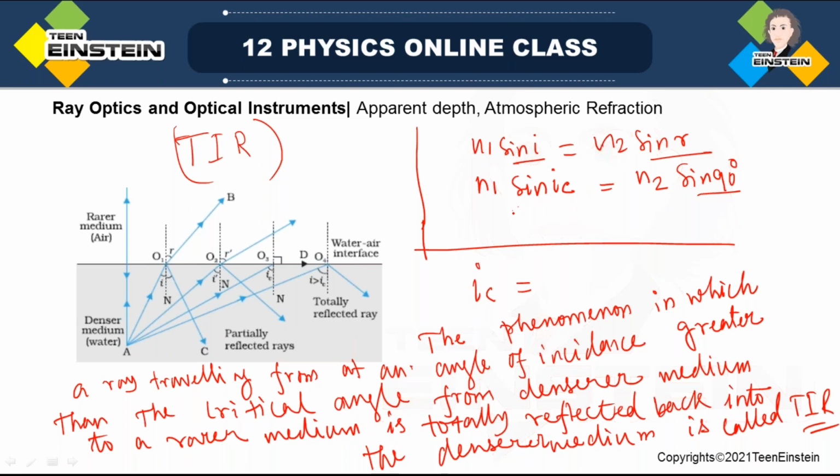So what you get is sin IC equals N2 by N1, sometimes written as N21.